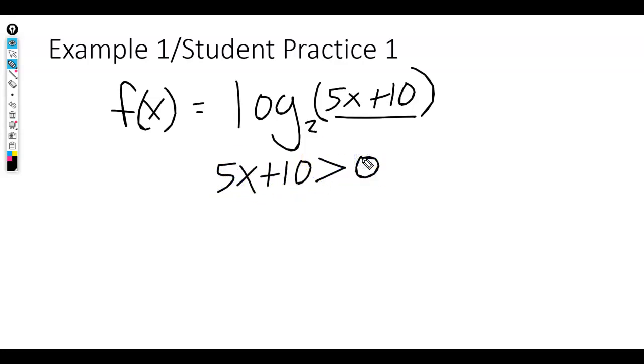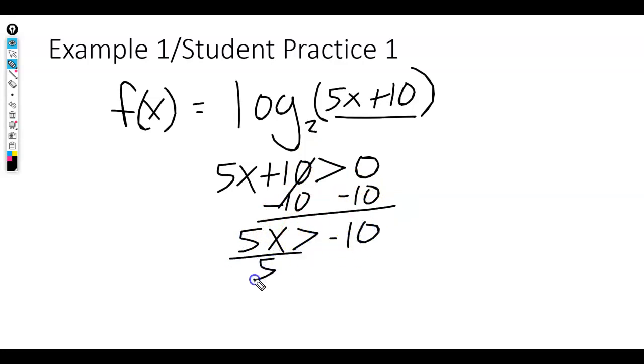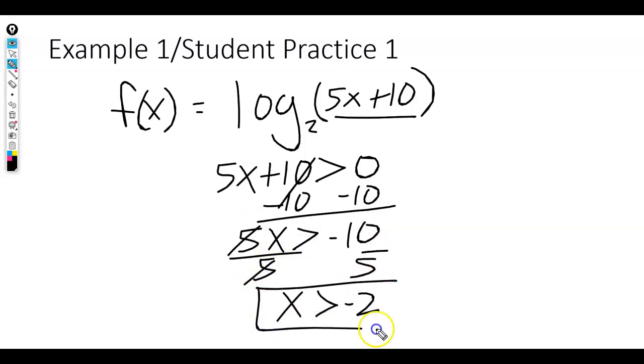And since 5x plus 10 has to be greater than 0, we can solve for x to find out what x is allowed to be. So x is allowed to be any number that is greater than negative 2. We'll call that a.